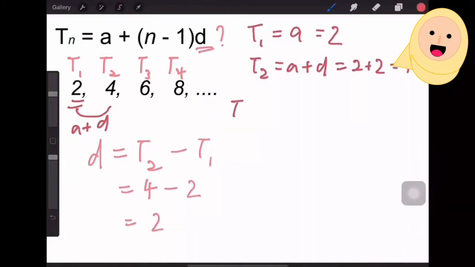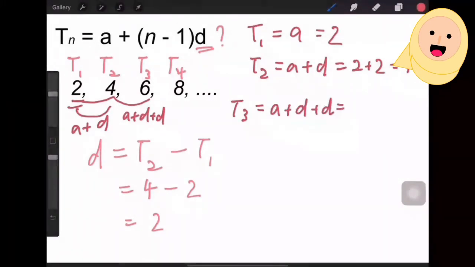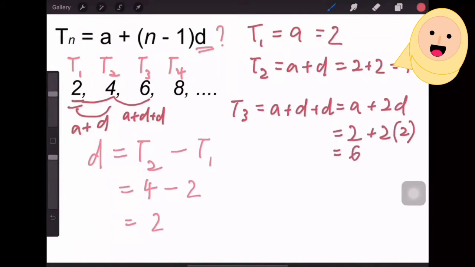To find the third term, you just have to add another D, like this. So the third term would be 6, just like the sequence given.